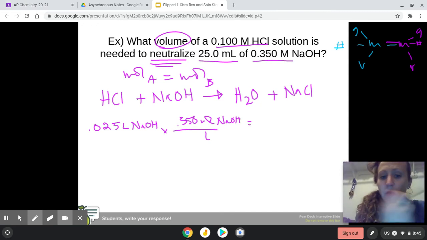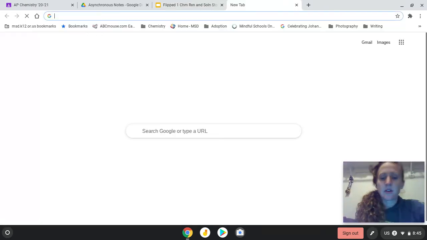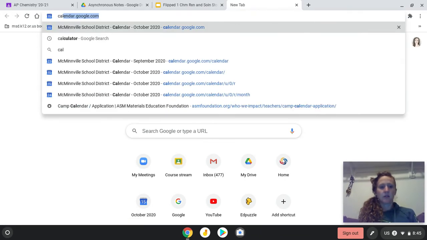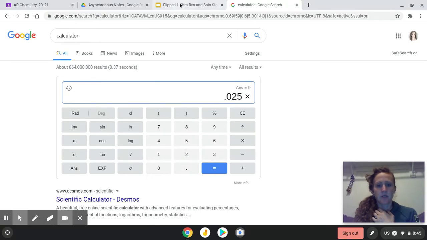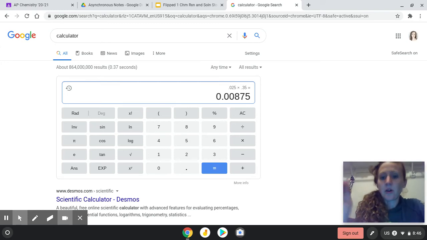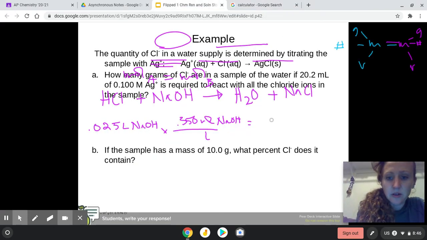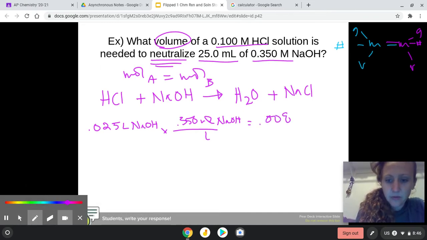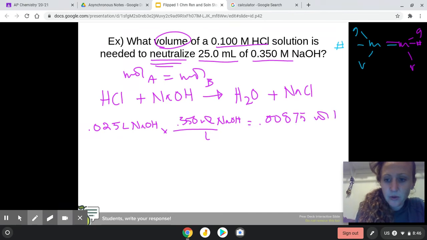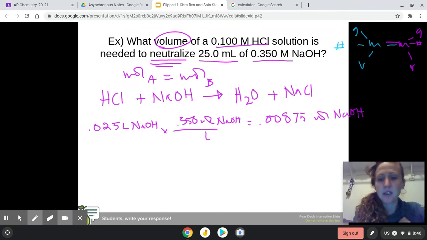So how many moles do I have? 0.025 times 0.35 is 0.00875 moles of NaOH.